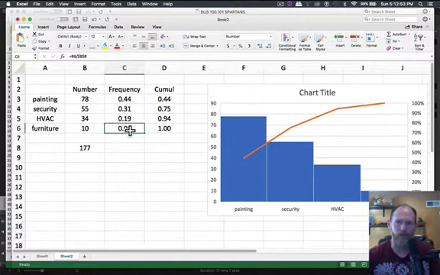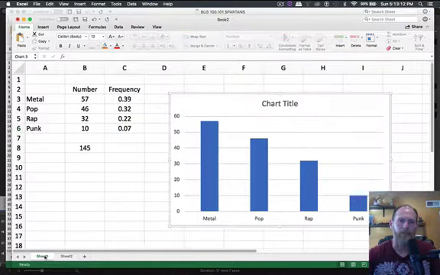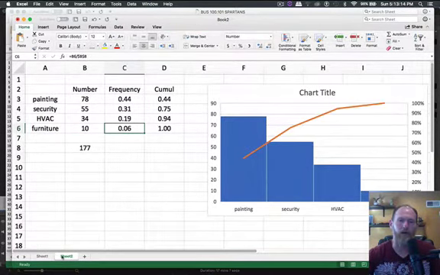So the person in the crowd that wants to get new furniture and thinks that's going to solve students' complaints is probably kind of wrong. I really wouldn't listen to them. So that's a Pareto chart. Again, we use that with categorical variables, and that helps us prioritize effort.